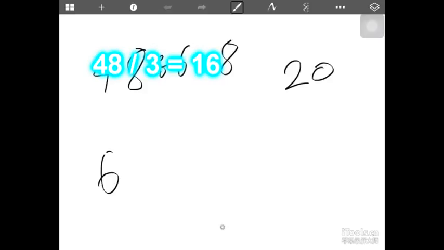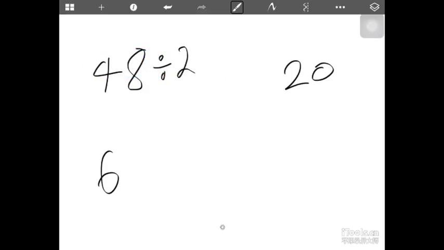Okay, that's good. Now you have to go back and check if 48 is divisible by 2. And it is because the last digit is an even number. So 48 is divisible by 6.